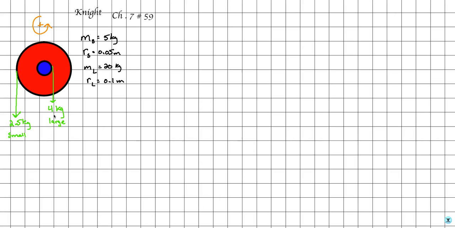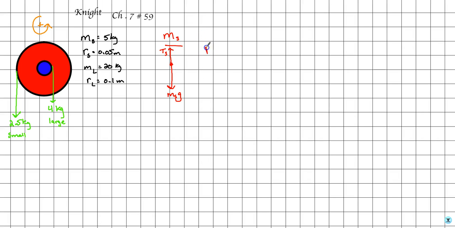So it's going to be a combination of Newton's second law and the net torque acting on this so we can solve the problem. The first thing we should do is, for the small mass, draw a free body diagram. You'd have the mass of the small times gravity, and its tension, which we'll call T small.